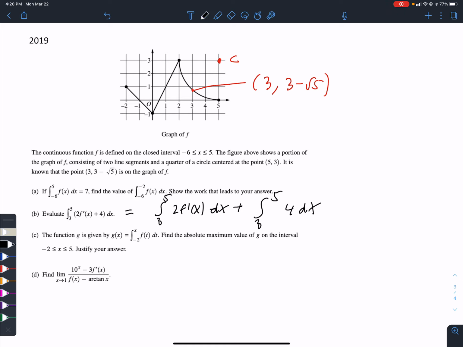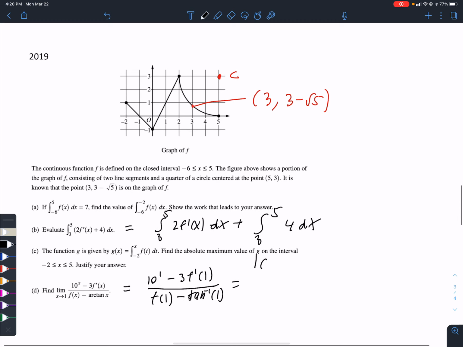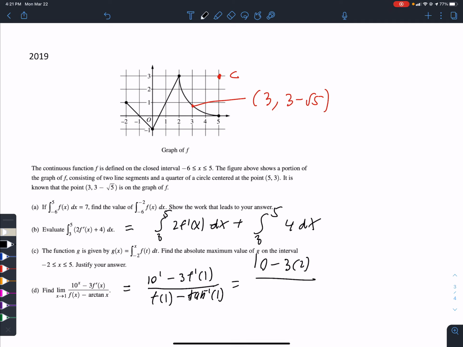Never mind. So this limit is going to be 10 to the first minus 3 f prime at 1 over f at 1 minus arctan of 1. That's going to be 10 minus 3 times the derivative at 1, which is the slope at 1, which is 2, all over f of 1.